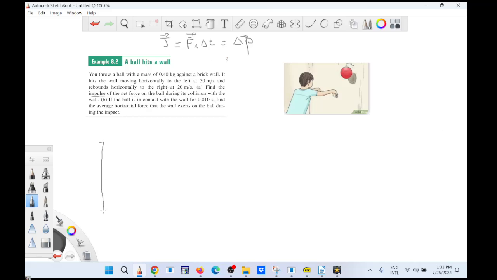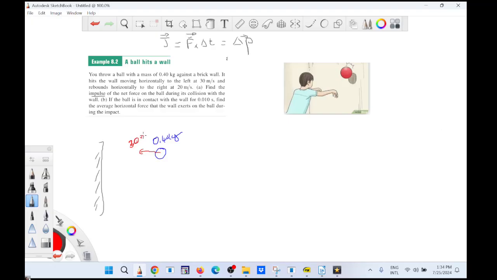So, okay, let's do a drawing. It's arriving to the left. So here you have 0.4 kilogram and the velocity is to the left. I'm going to write the magnitude here. So it's 30.